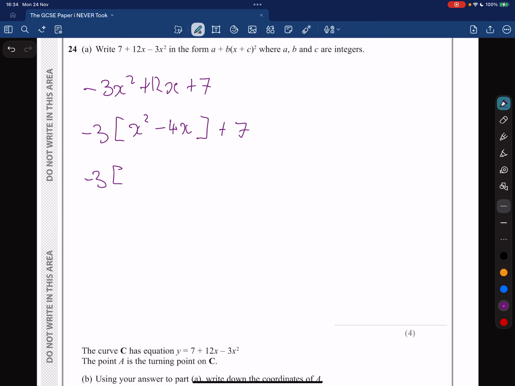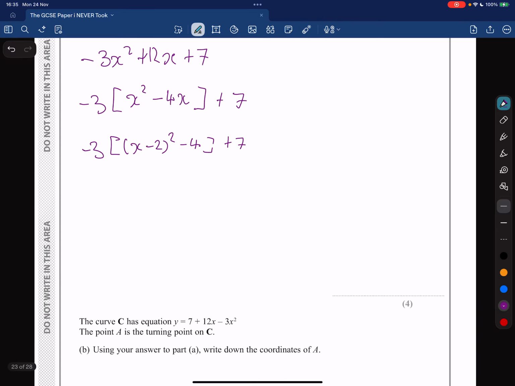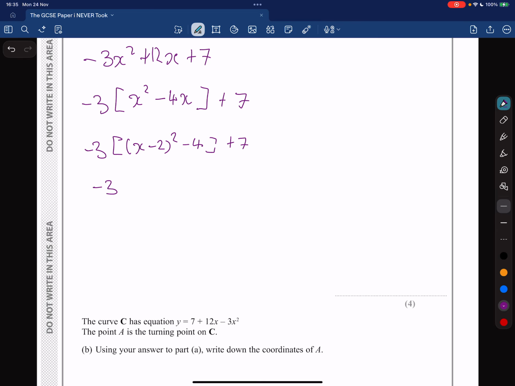So minus 3x squared plus 12x. Then we go x minus 2 squared minus 4, plus 7. So then we're going to expand this again: x minus 2 squared, minus 12 plus 7, is equal to minus 3 times x minus 2 squared, minus 5.